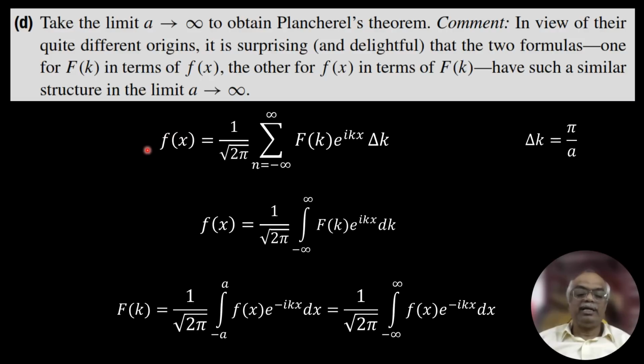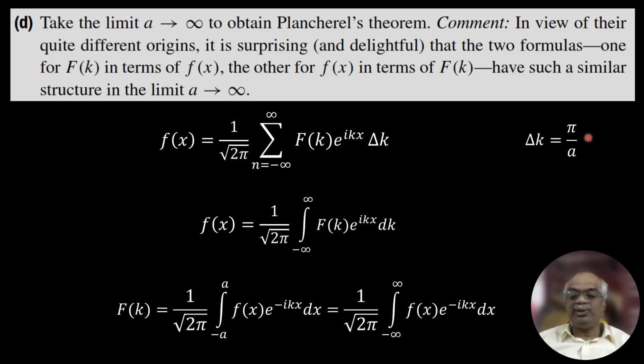So, in the previous section, we have seen that f of x is equal to 1 over square root of 2 pi summation over minus infinite to plus infinite F of k e power i k x delta k. We know delta k is pi by a.